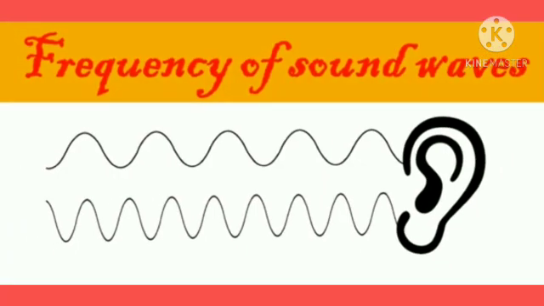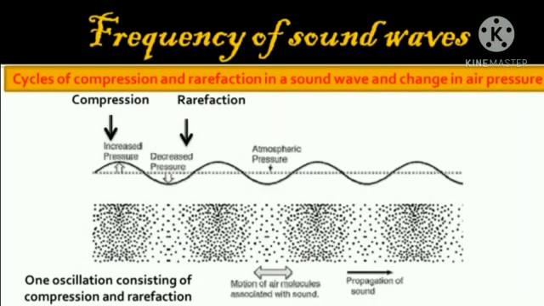Frequency of sound waves. Students, we learned how the vibrations of a tuning fork result in generation of compression and rarefaction in air. Now more detailed observation shows the actual variation in the air density and pressure.